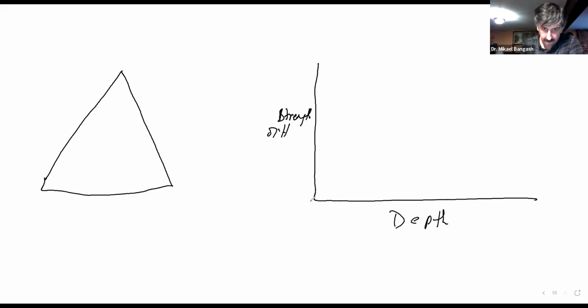Both of these here are zeros, because this will be zero depth.